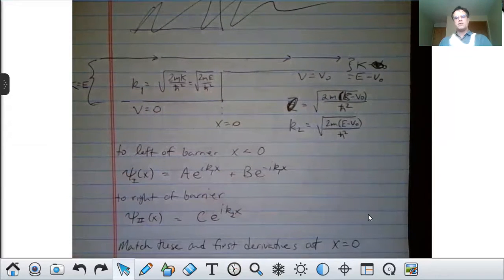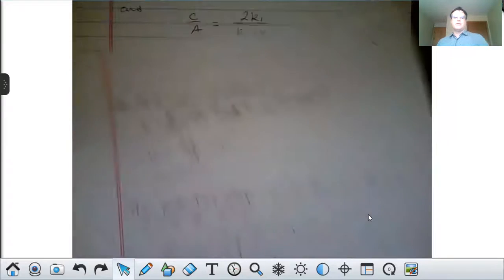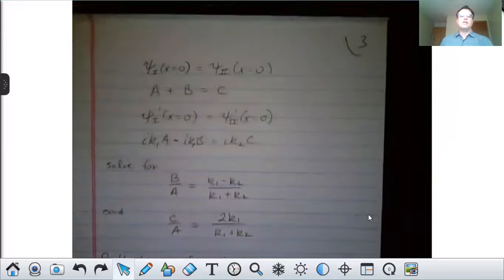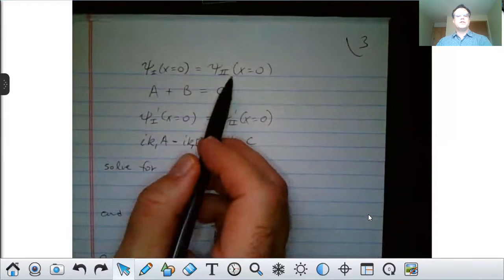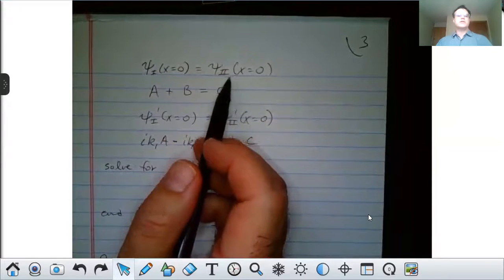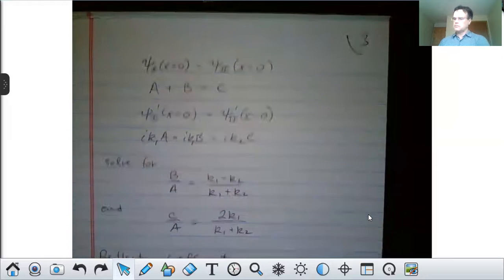When we do scattering in 3 dimensions, we end up with a very similar thing. We always have to match the wave functions. Now, when we match, we first match the solution in region 1 to the solution in region 2, setting x equal to 0. All the e to the i kx's go to 1, and I get a plus b equals c.